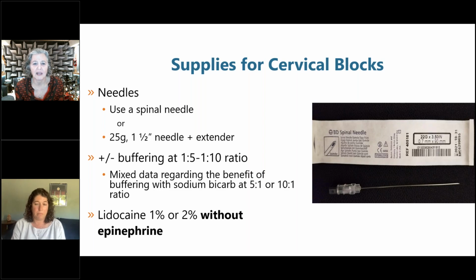The benefit of buffering was looked at in a meta-analysis with abortion, and it was not shown to be of any benefit. The arms with and without buffering had equivalent pain rates, but that was with abortion, so to whatever extent that's transferable, you can decide that yourself. But we don't have good data on buffering for blocks for placements of IUDs.